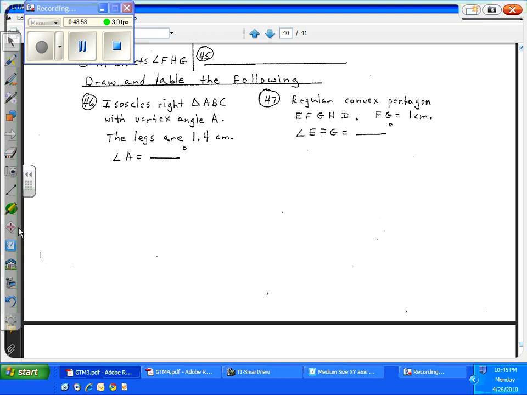What you could do is try to create your vertex angle A. What I would do is get a compass, get the little pointy part, and then the pencil, and I would open it to 1.4 centimeters.